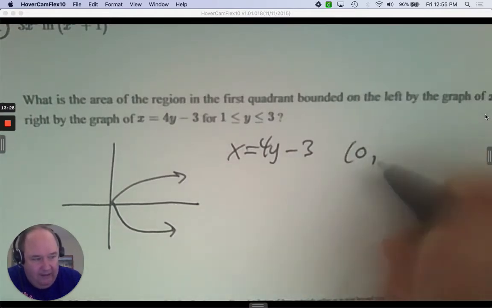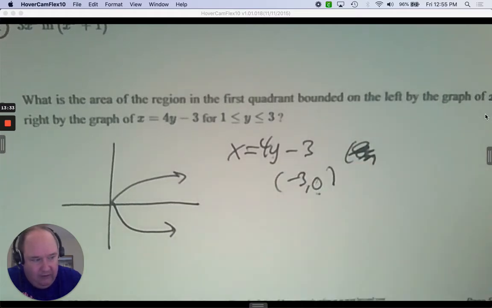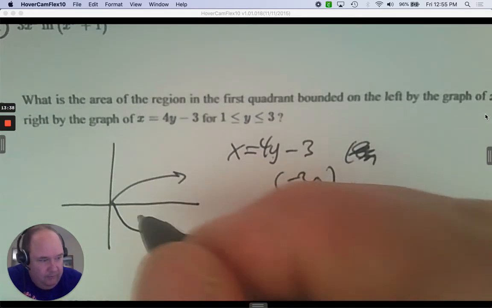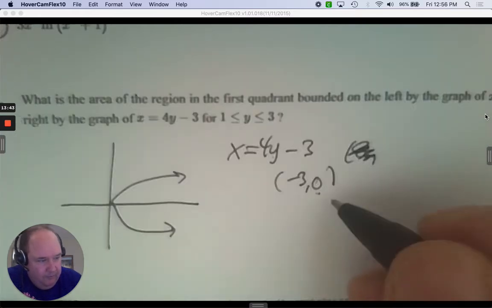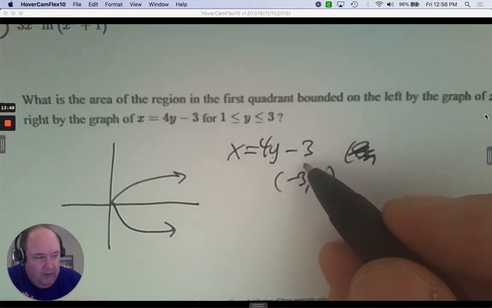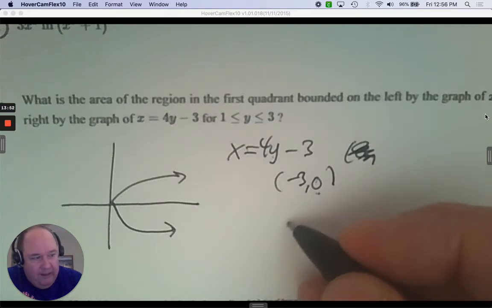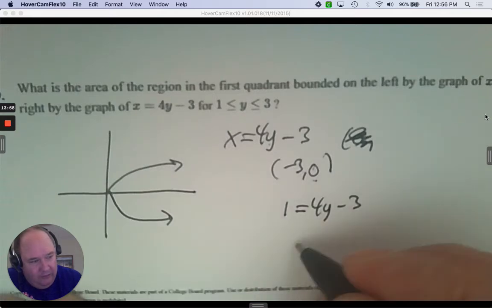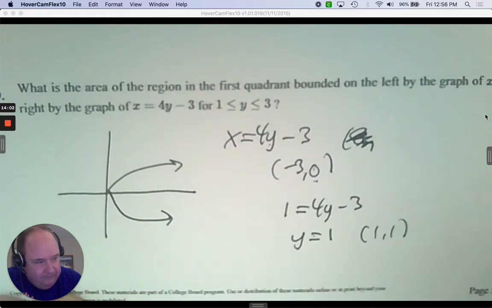If y is 0, then x is negative 3. Let's try another point. I need it in the first quadrant. So what would happen if x is 1, add 3, y is going to equal 1. So 1, 1 is on my graph.